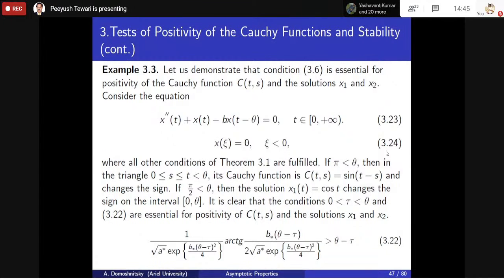It means that this condition could not be fulfilled. And this condition in our theorem about smallness of delay is essential. Next, please.